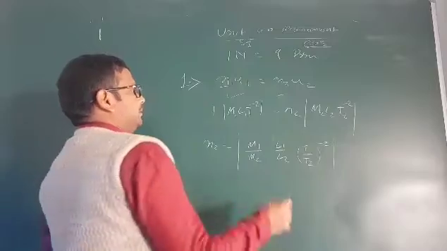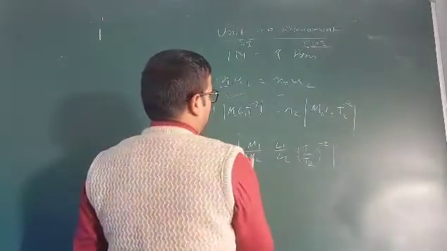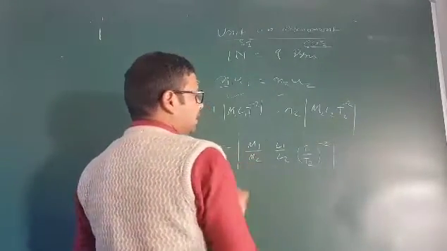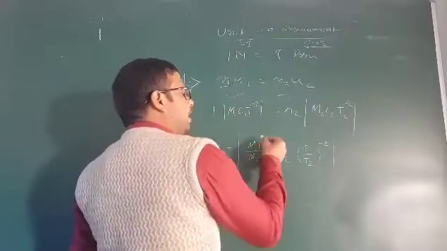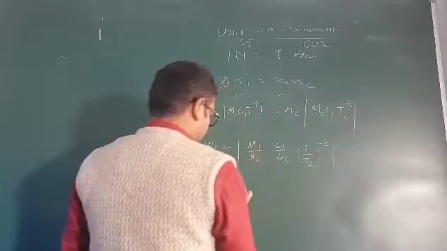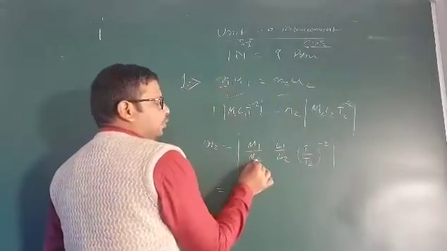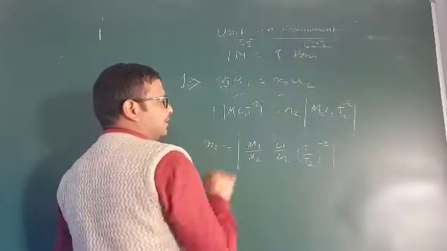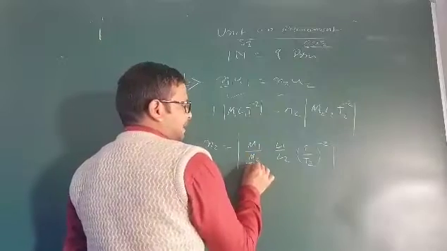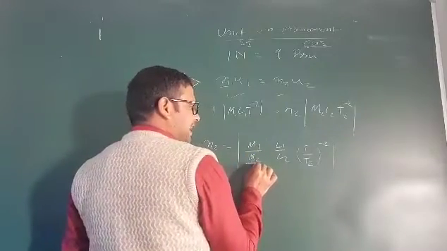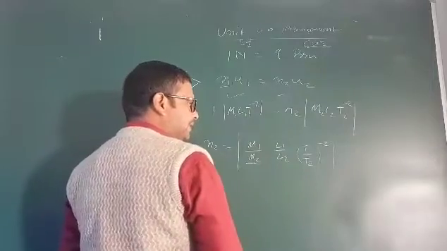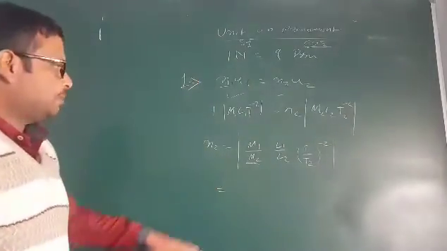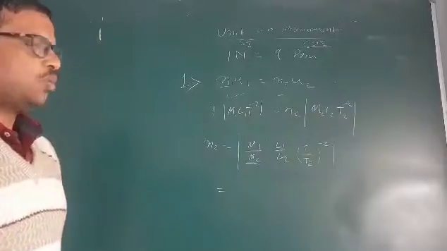Suppose you just want the value of n2. Now you can convert 2 into 1 or 1 into 2. Suppose the 2 value will be converted into 1. So this is mass. Mass in CGS is in gram. How can it be changed into M1, meaning kg? How much gram is equal to 1 kg? 1000 gram.